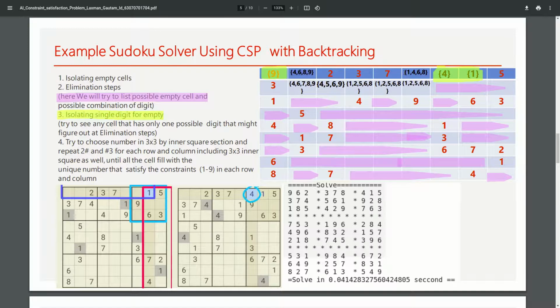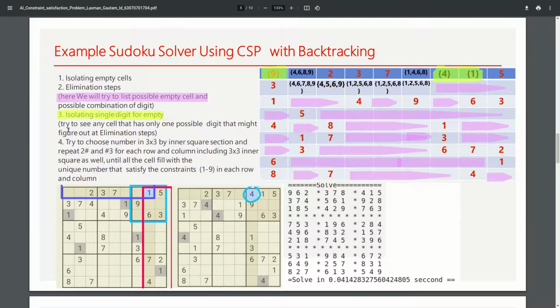Similarly for these four digits, and for these two cells the possible numbers are only 4 and 1. Now our problem domain is getting narrowed down. This is the second step: we list all the possible numbers for every empty cell, based on the constraints from the given pre-filled numbers in our Sudoku problem.